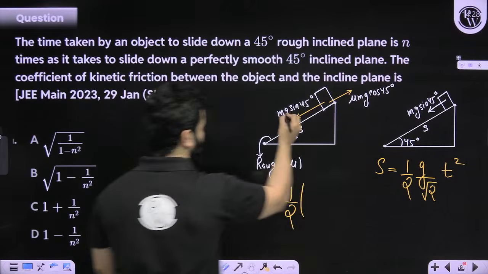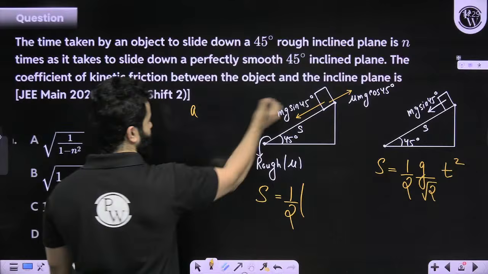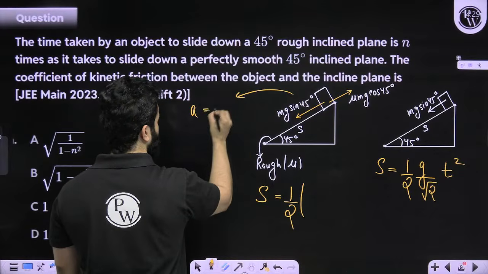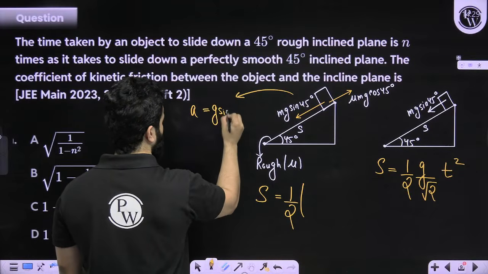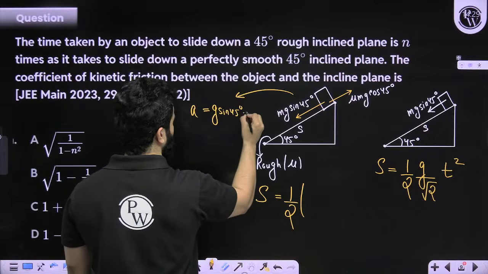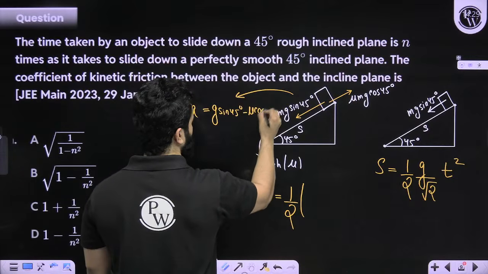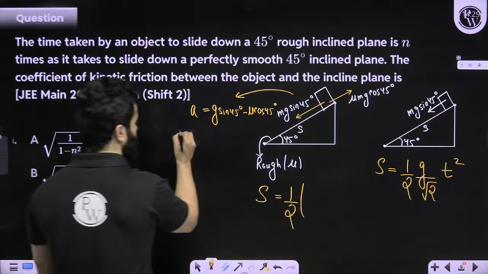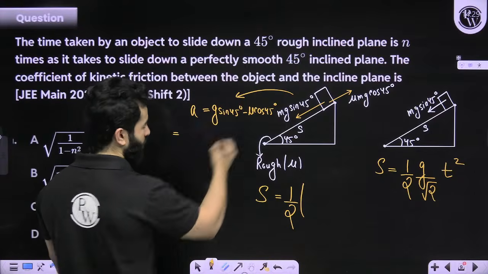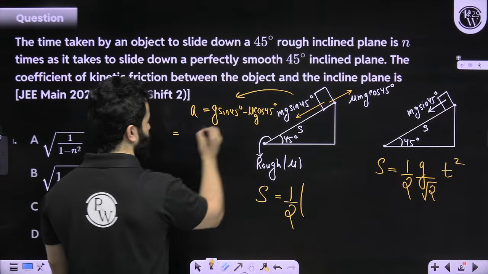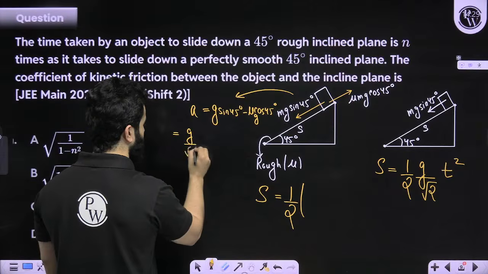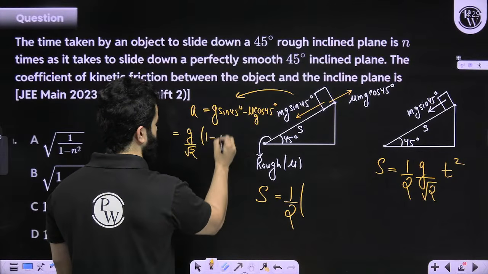That means in this case, acceleration will be g sin 45 degree minus mu g cos 45 degree, which basically means I can take g by root 2 common and you will be left with 1 minus mu.